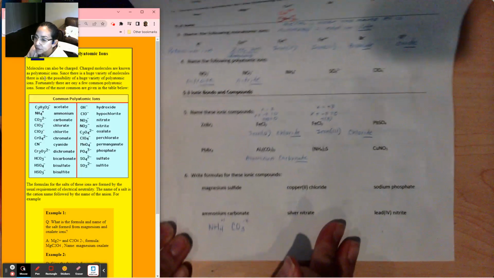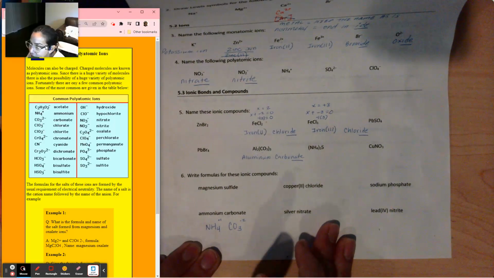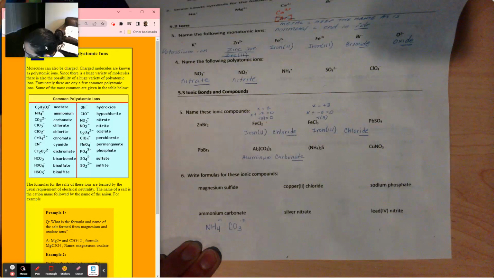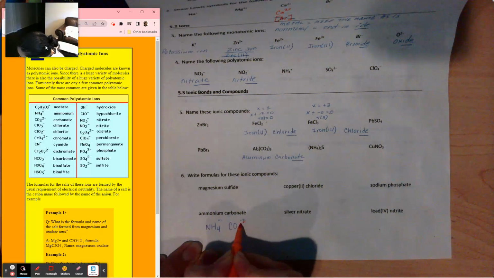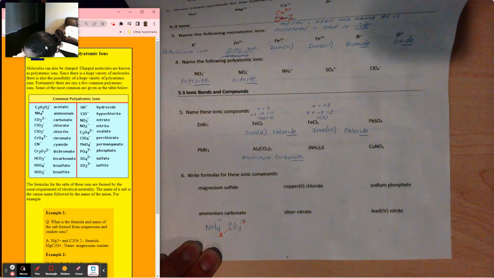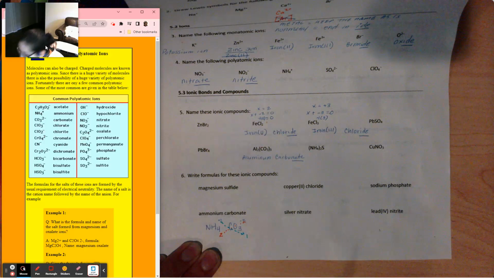All right. So what do we do from here? Now that we know the charges, how can we apply this? I love that this one came up because now what I'm going to do is called the crisscross method. So I'm going to bring that 2 down here, and then I'm going to just bring that 1 down here.